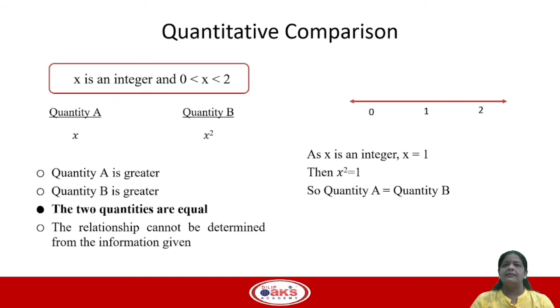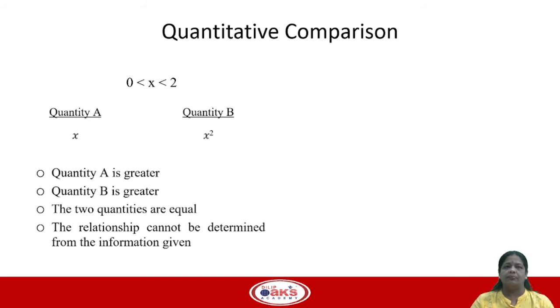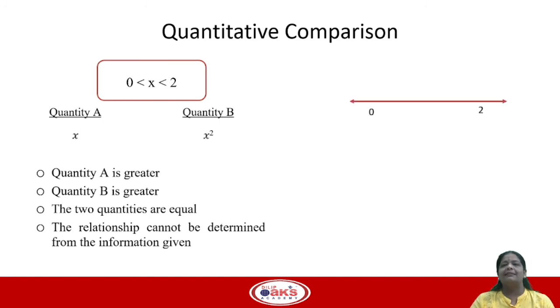And now let us see how the last option works. Again, the quantities to be compared are x and x square, and the given information is now x is greater than 0 but less than 2, which means that x can take any value between 0 and 2.